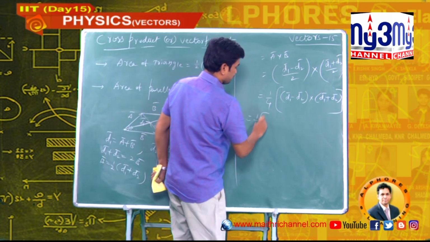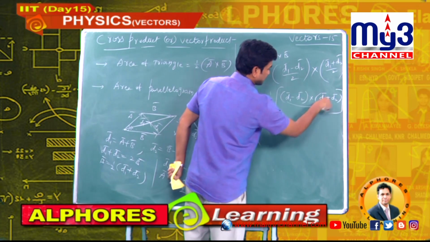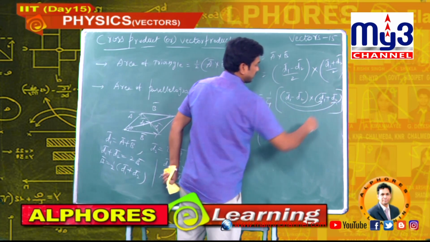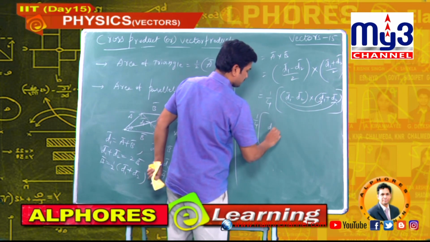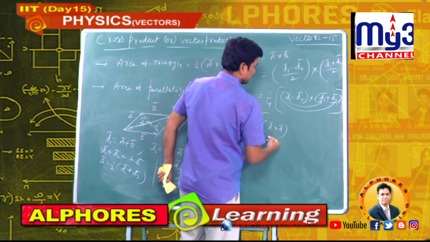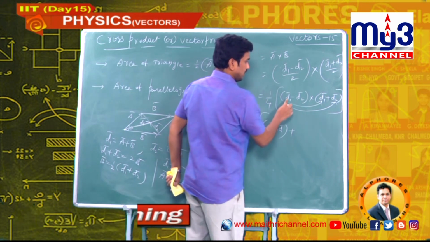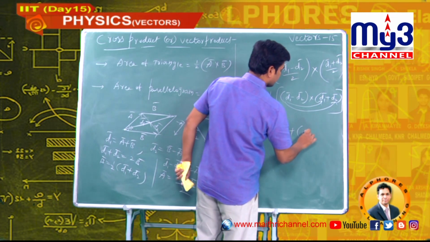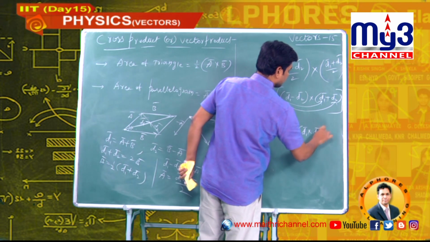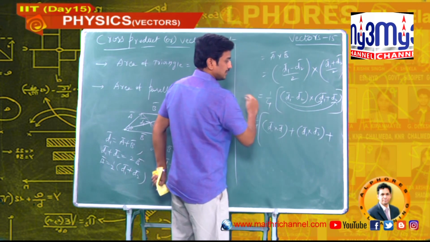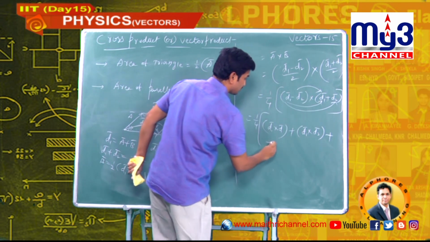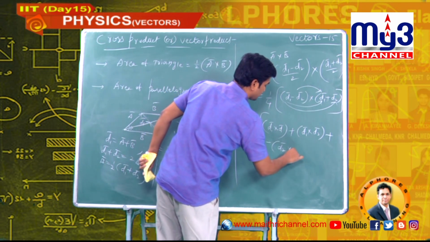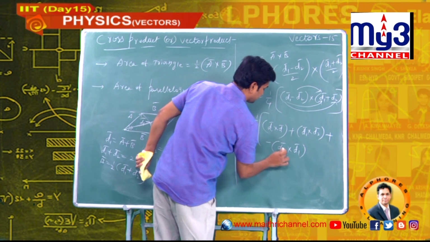1 by 4, see here, D1 bar first one, D1 bar second one, D1 bar cross D1 bar 0. Now plus next one, D1 bar crossed with D2 bar. So first one completed. Next, minus D2 bar cross D1 bar.